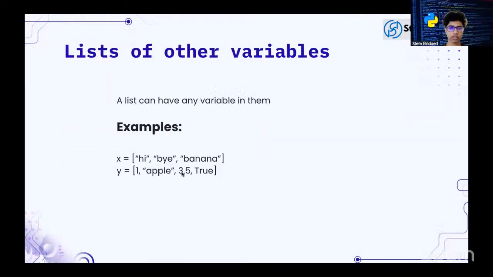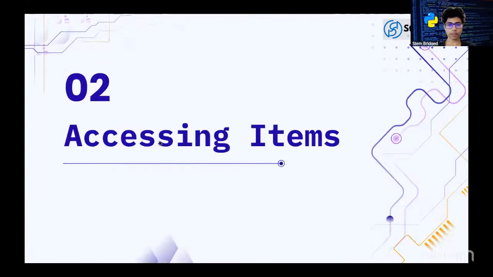So you can have multiple data types in your list. It doesn't matter what data you have in there. You can also have a list inside of a list, and it gets complicated, but it gets really fun.